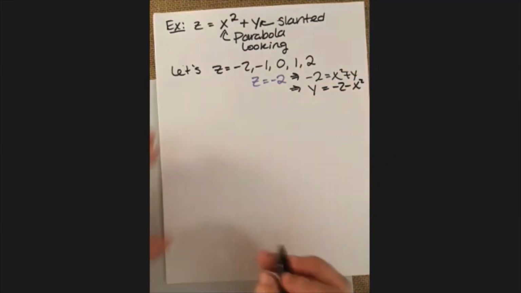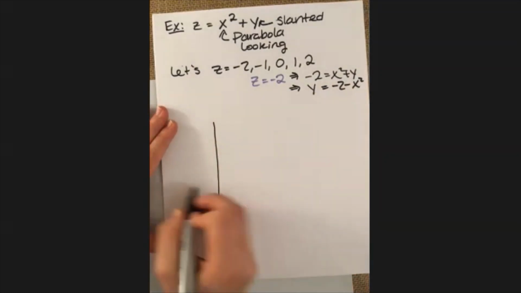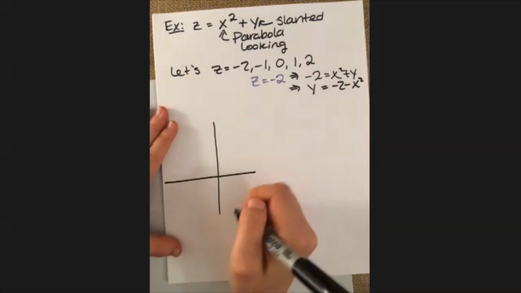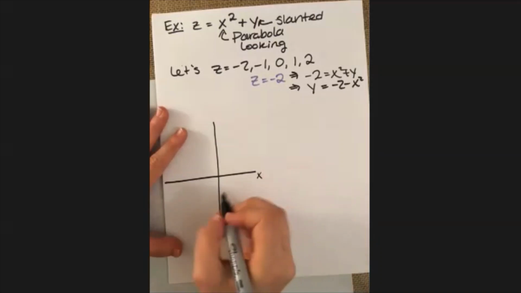And this is something that we definitely know how to graph, because it's a parabola on the xy plane that has been flipped over and then translated down 2 units.